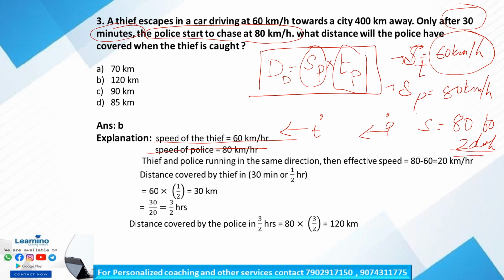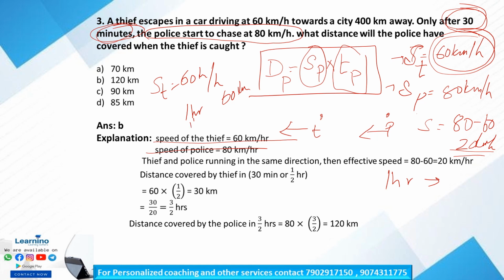Now we have to find the distance covered by the thief in 30 minutes. Since the thief has covered that much extra before the police started, we have to move with that clue. The speed of the thief is 60 kilometers per hour, so in 1 hour the thief travels 60 kilometers.